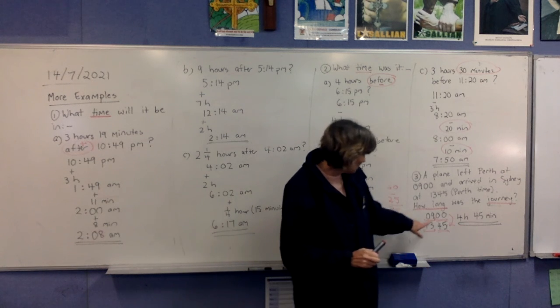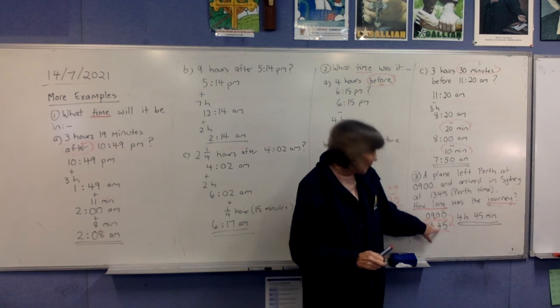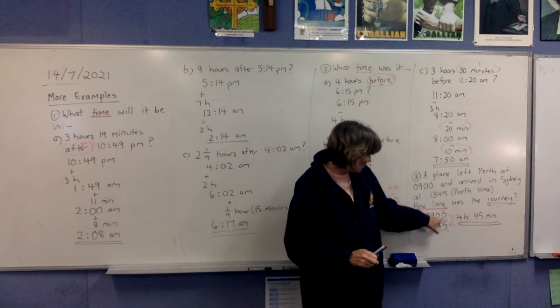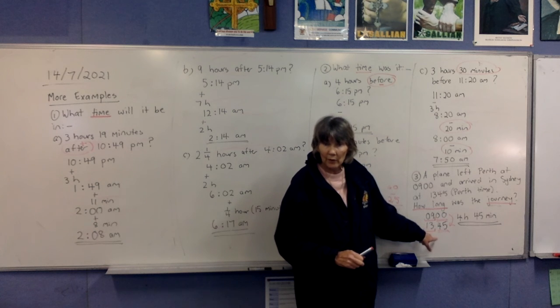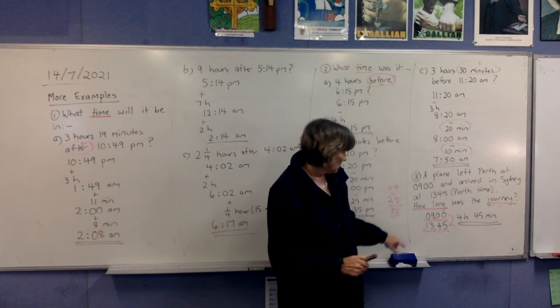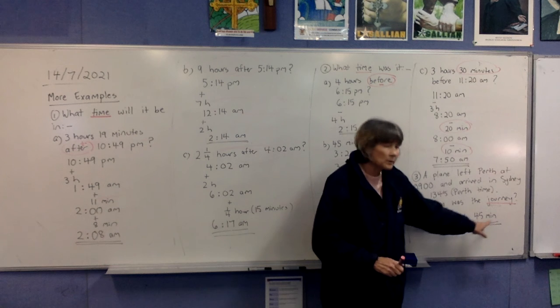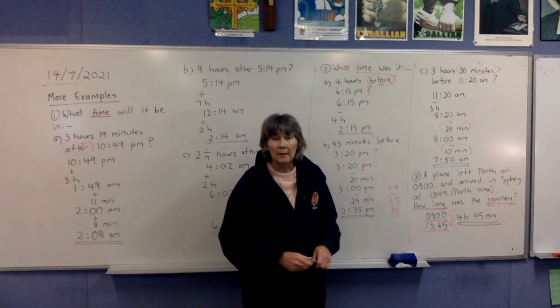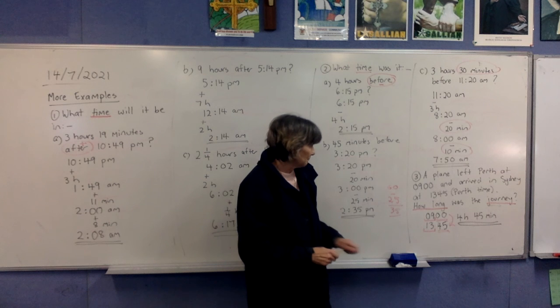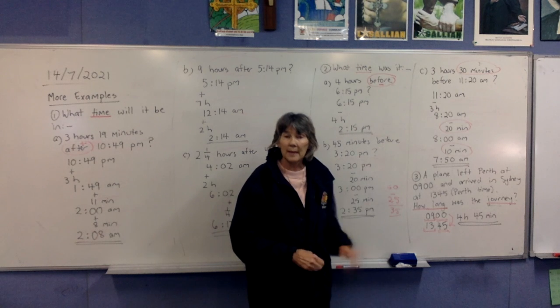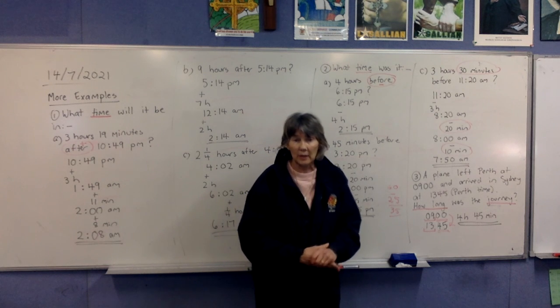The other part comes from over here, our minutes. So we went from 00 to 45. We must have added on 45 minutes there. So it's 4 hours and 45 minutes. That's how long it takes to fly in a plane from Perth to Sydney. And we'll do some more examples on this in the next video for today's lesson.